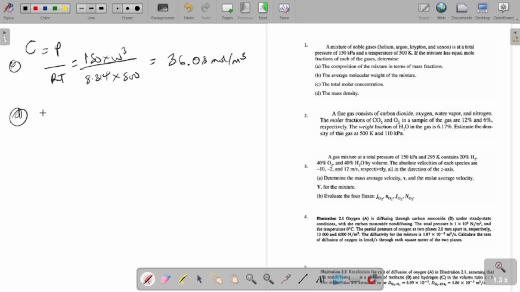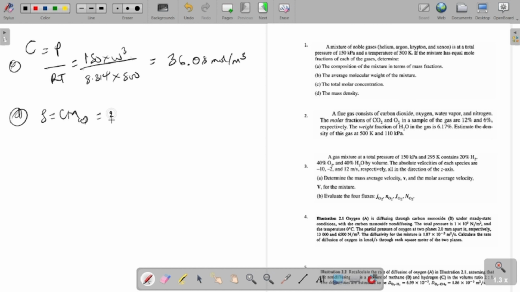Then let me see D, which is the mass density. For the mass density, you can either use PM over RT, which is a long approach, but you can also use the mass density, which is equal to the molar concentration times the average molecular mass.